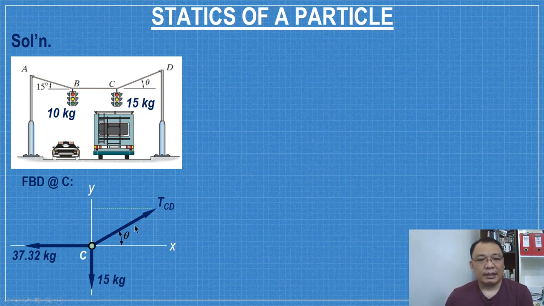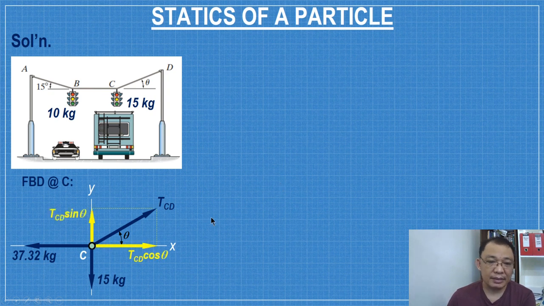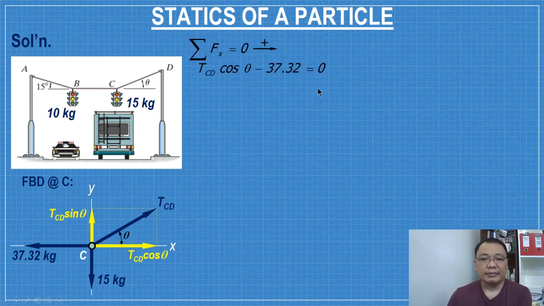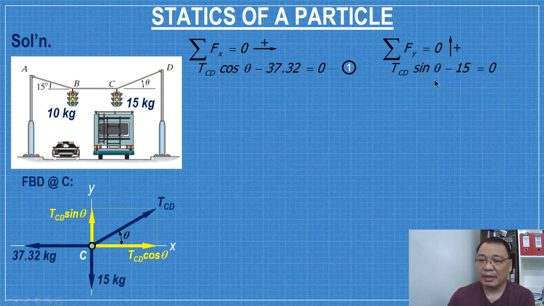Now, resolve the force into components because it is inclined: T cosine theta and T sine theta, and then use the conditions of equilibrium. There are two unknowns, TCD and theta. Summation of force in x gives equation 1, and summation of force in y, with the same two unknowns, gives equation 2.